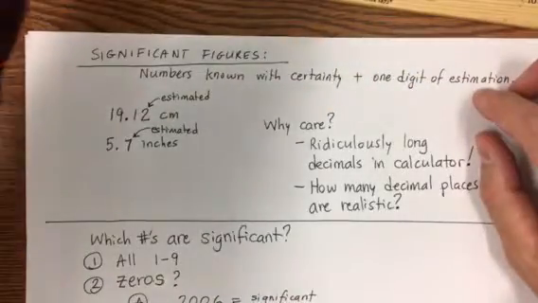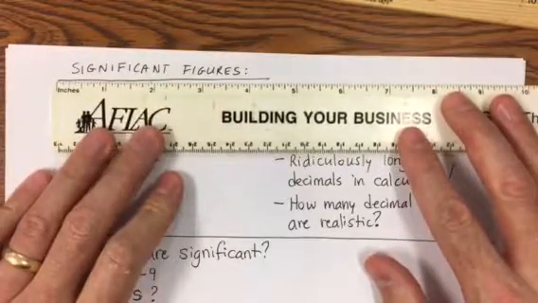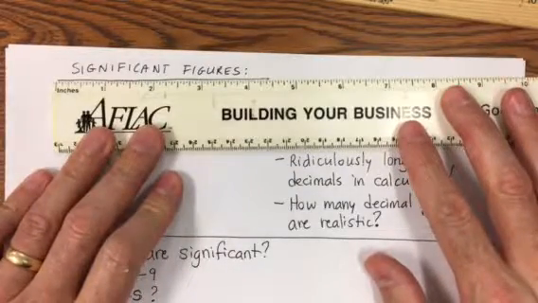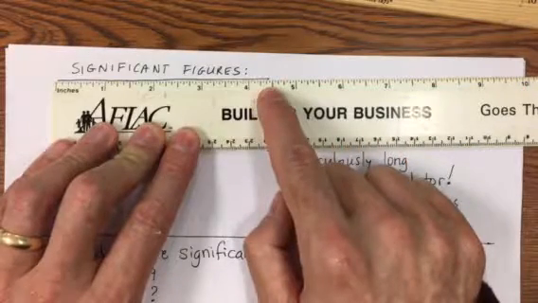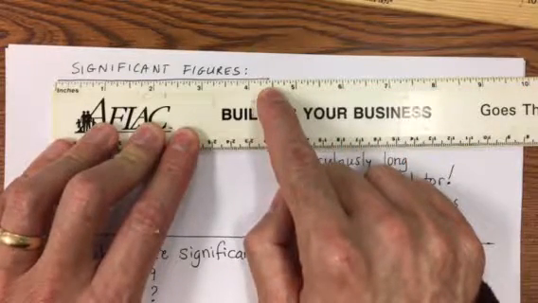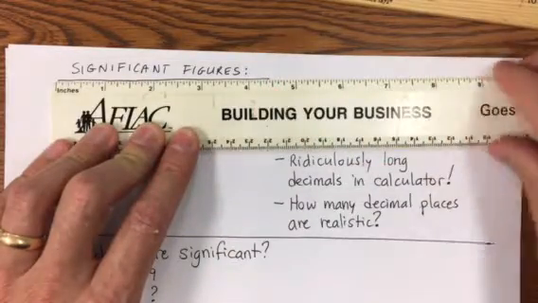A different measuring device, such as this one, would be able to give us a more accurate answer. So I can see from this that the line actually really is close to 4.5 inches, but still a little bit short.